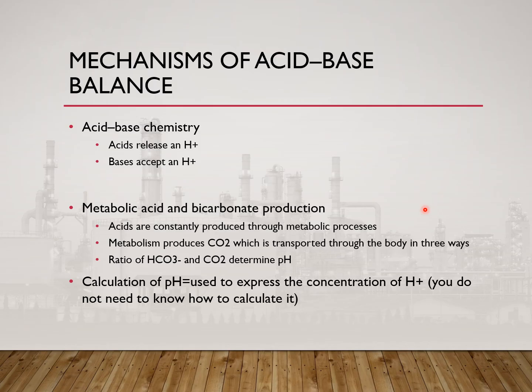As concentrations of H+ increase, your pH drops and you become more acidic. As levels of H+ drop in the body, your pH goes up and you become more basic. There is a discussion in your reading on ways to calculate pH. I do not need you to know how to calculate pH.